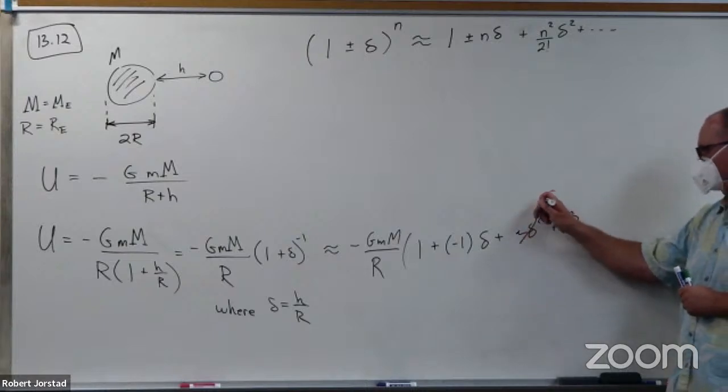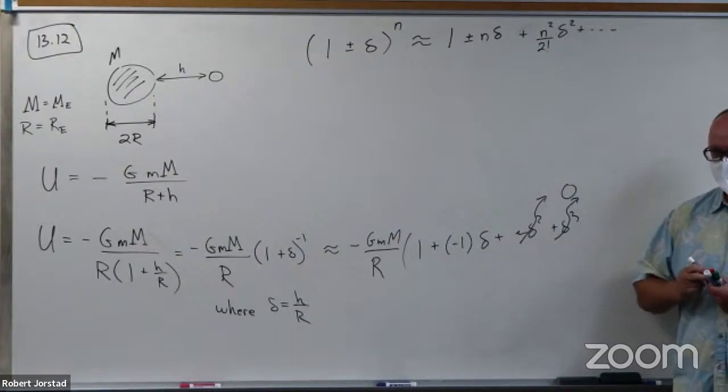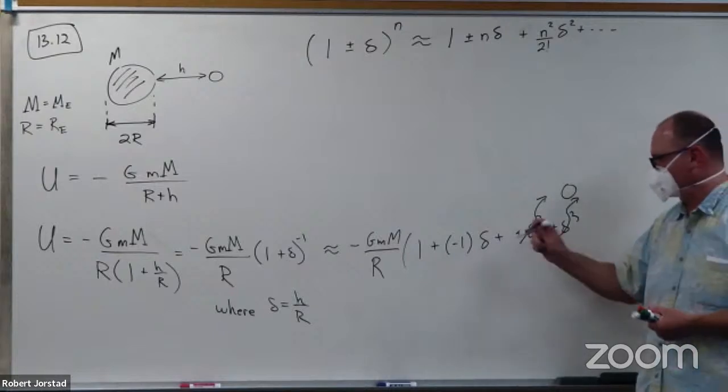So these terms are approximately equal to 0 compared to this. This is an approximation. We keep the first order term, okay?